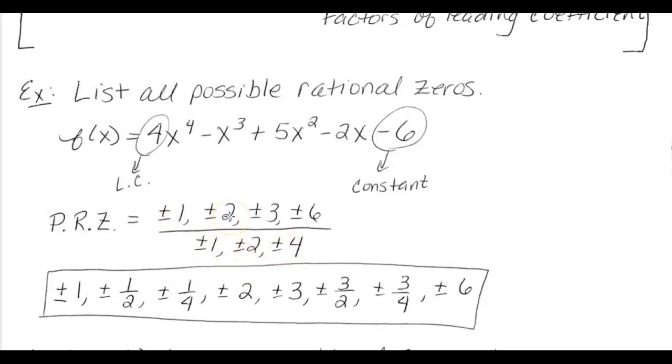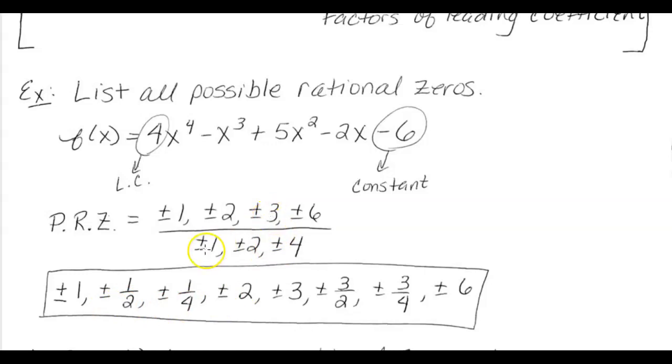Then you move on to the next possible numerator. 2 over 1 is 2. 2 over 2 would be 1, and we already have that listed, so we do not need to list it again. And 2 over 4 would be the same thing as 1/2, and we already have that one listed, so we're not going to list it again.